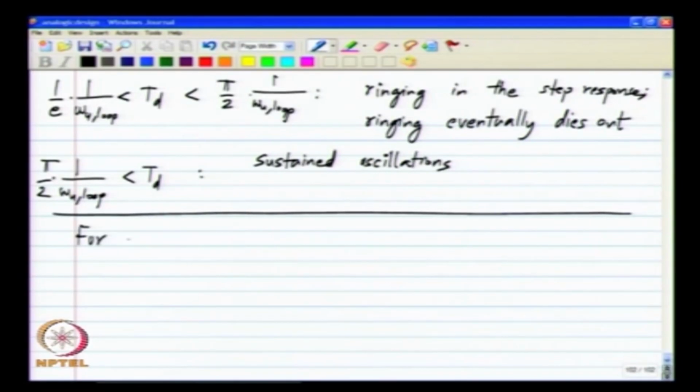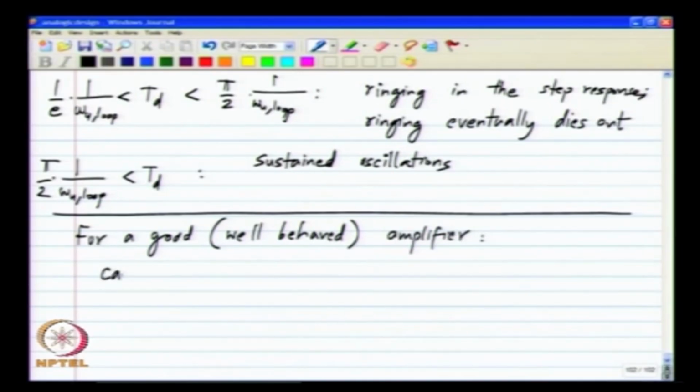And for a good amplifier, that means a well behaved amplifier, you can tolerate a little ringing. It also depends a little on the application that you are looking at, you can tolerate a little ringing.